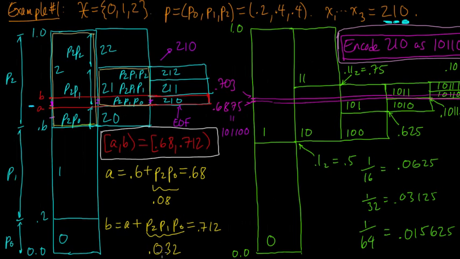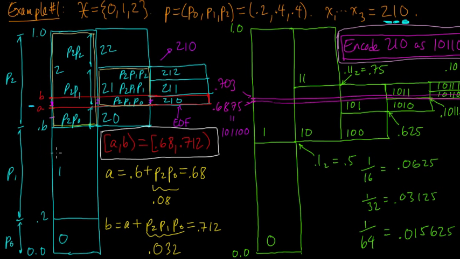That means that there must have been some original sequence for which 101, this chunk, was strictly contained in the corresponding interval from A to B. It wouldn't be this interval, because this is not contained in that interval. It would have to have been some larger interval, something like this, that contains this 101 chunk.